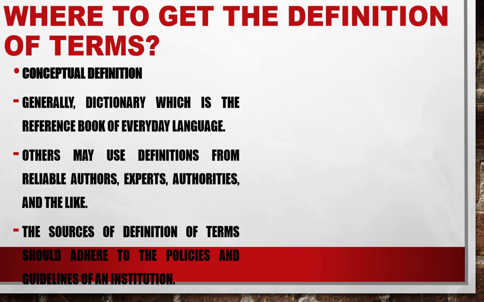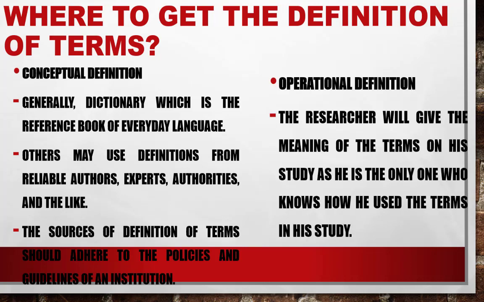However, it is a rule of thumb that the sources of definition of terms should adhere to the policies and guidelines of an institution, because another institution would not allow conceptual definitions coming from the dictionary. On the other hand, for the operational definition, it's the researcher who will give the meaning of the terms as he used those terms in his study. So he is the only one who knows what the meaning is.